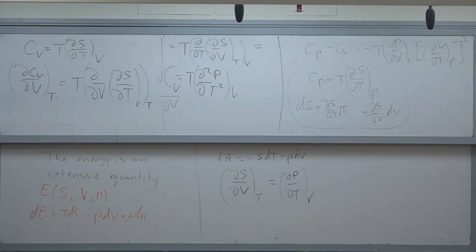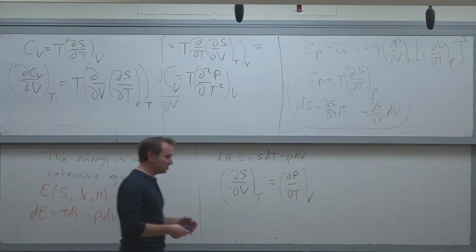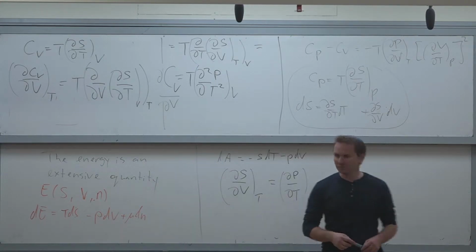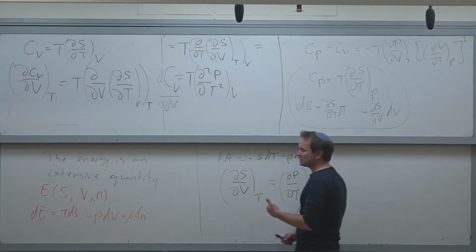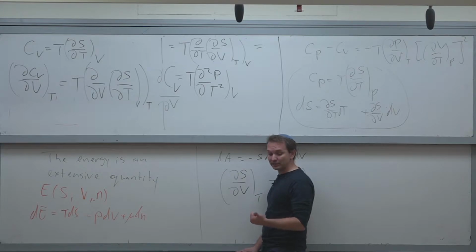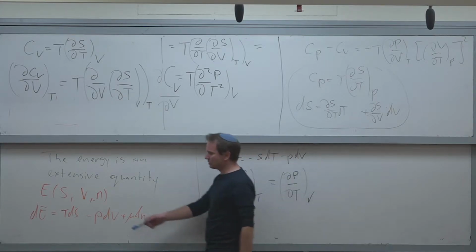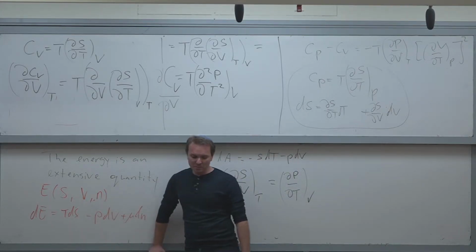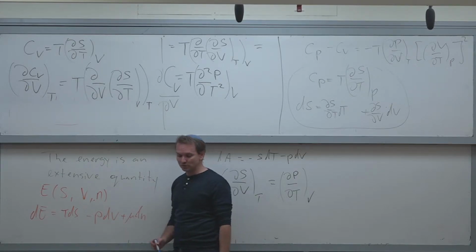Now, what I'm saying is extensivity means that the energy is proportional to the size of the system. So the energy is extensive and the entropy is extensive. The volume is also extensive and the number of molecules is also extensive.